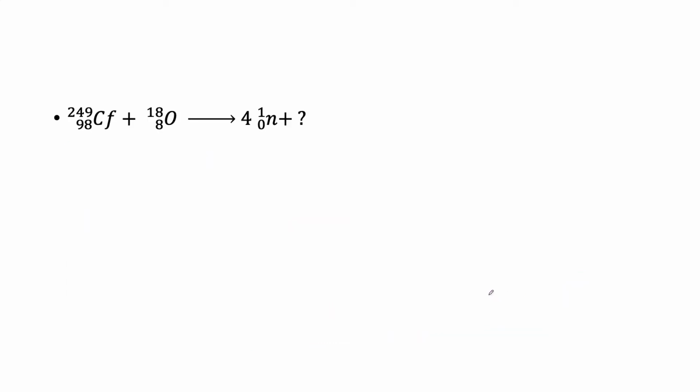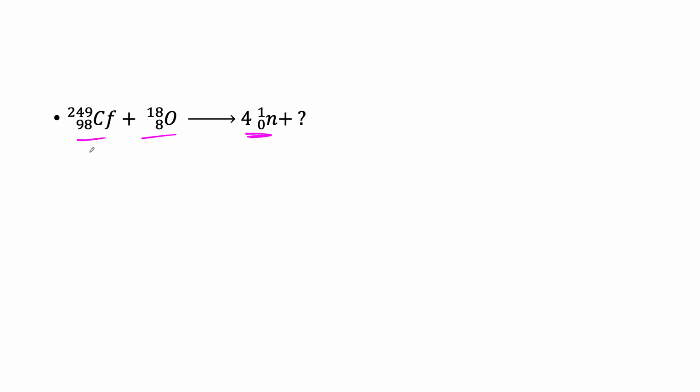Now the other type we're going to talk about is this one, where we have 4 neutrons being produced. It's not a cascade, it is not a fission reaction, but it's a transmutation because we've got 2 nuclei coming up. Fission is when we bombard something with a neutron only. So that's the difference between fission and transmutation reactions.